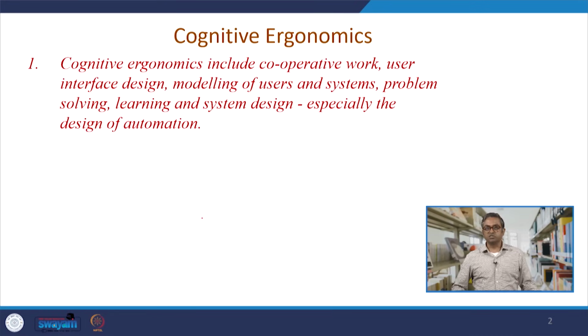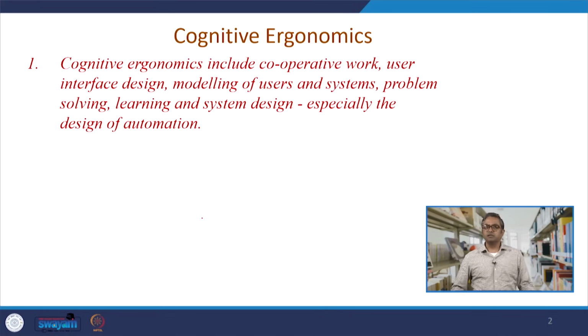So, cognitive ergonomics not only provides insight into the organizational setting, cooperative work, user interface design, how the user is interacting with different interfaces in the modern era, and modeling of the users and the systems.